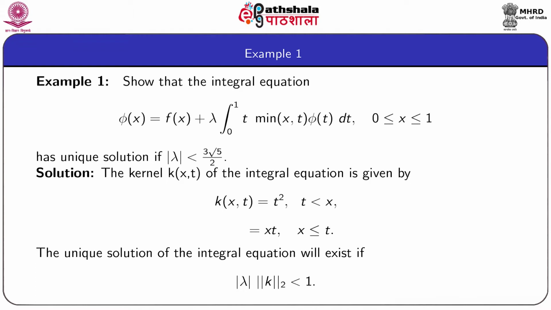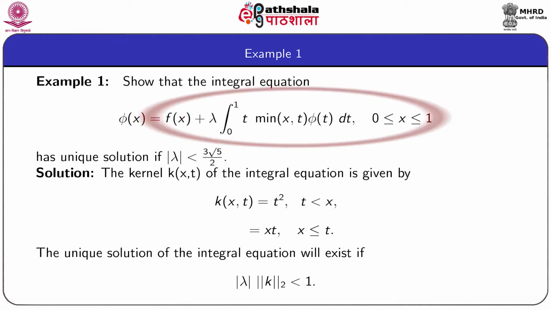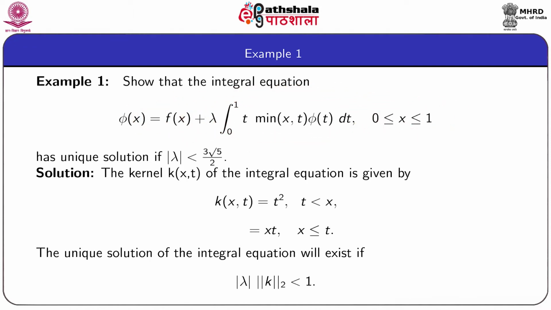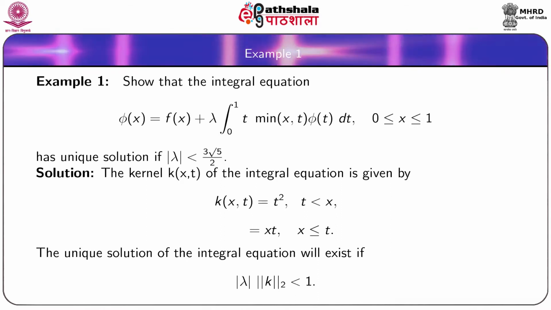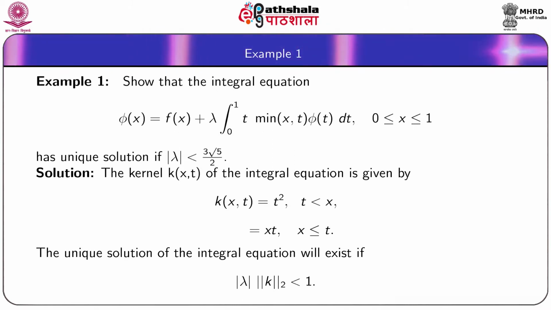Now, the kernel of this integral equation is t multiplied by minimum of x and t. So, we break the interval 0 to 1 of the integral in this given integral equation as 0 to x plus x to 1.